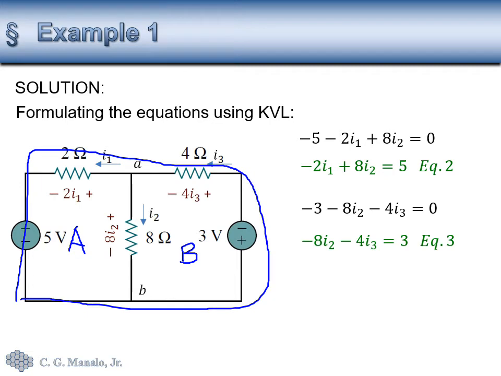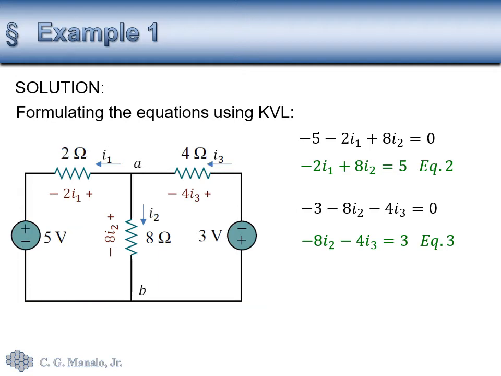So we don't do that. So again, this is A, B, and then we start in loop A. So let's say we start here and we move in a clockwise direction.